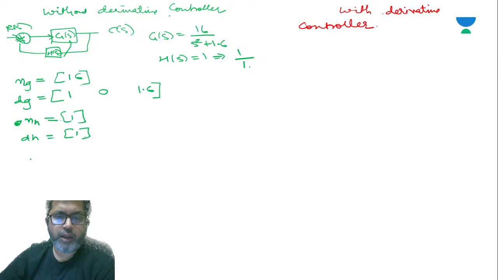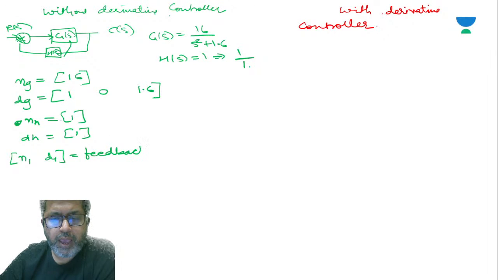So, without derivative controller, N1 D1 is equal to feedback of G(s), that is NG, DG, NH, DH.